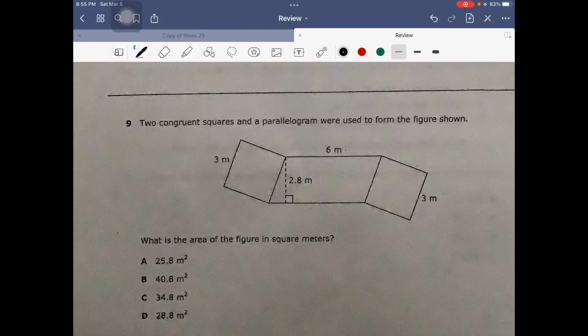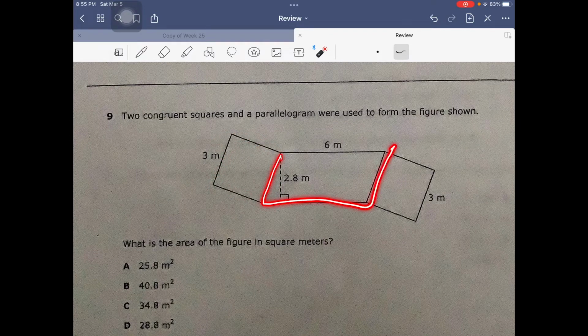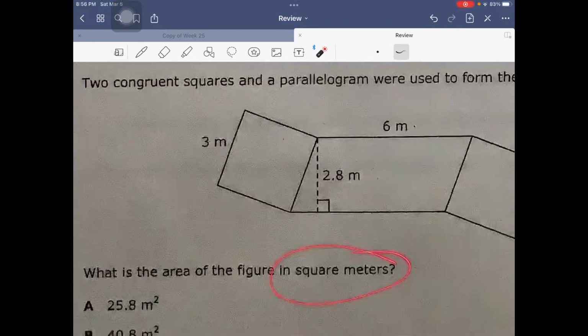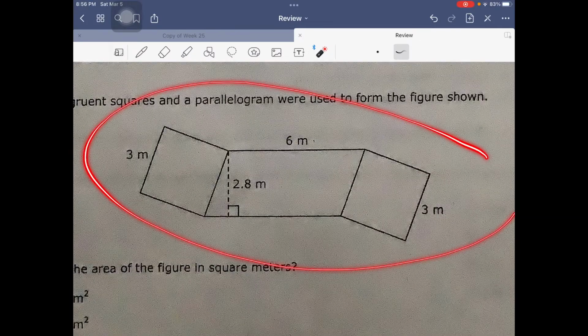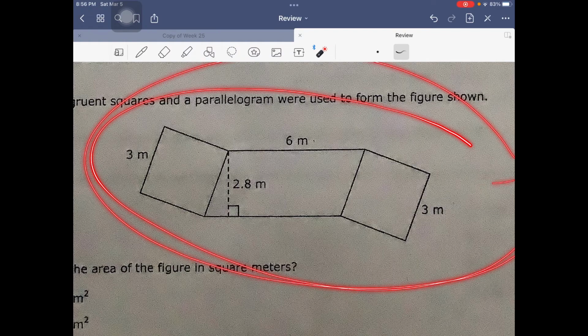Now, 2 congruent squares and a parallelogram were used to form the figure shown. This is your square right here. This is the parallelogram. And this is the other square. Now, what is the area of the figure in square meters? When they want the area for this figure, there is not a single formula for something looking like this.